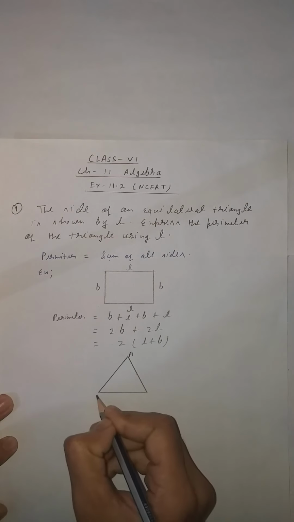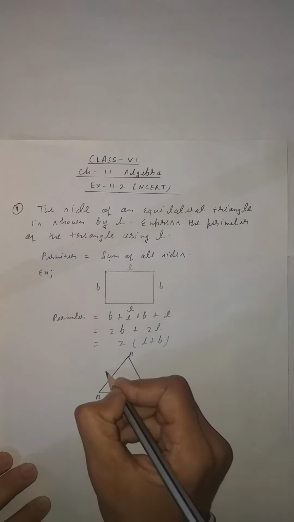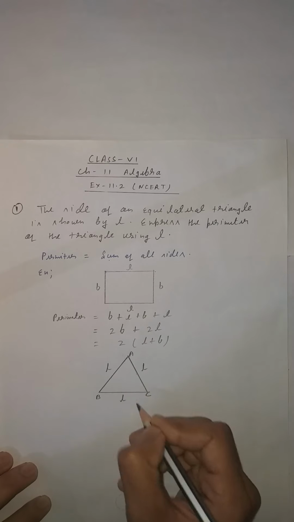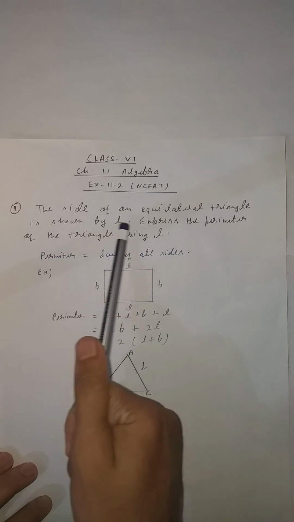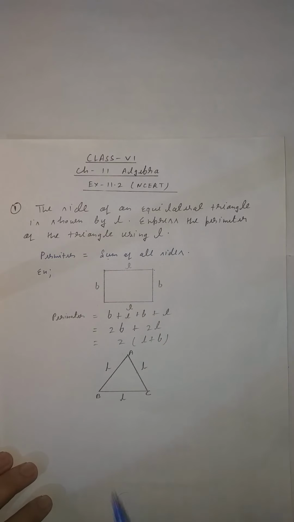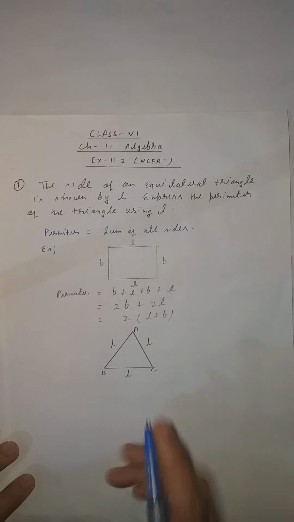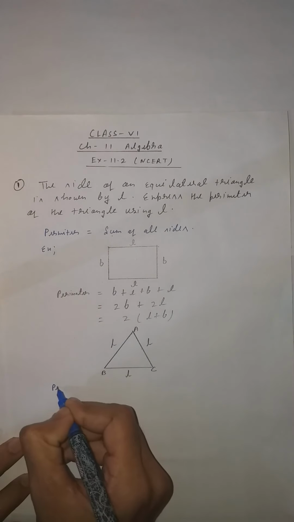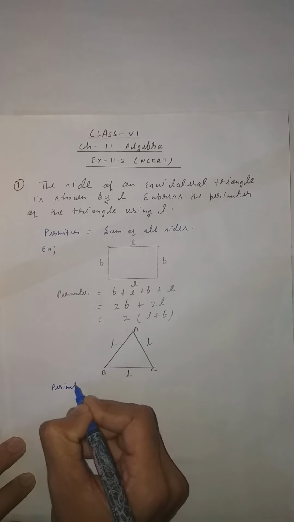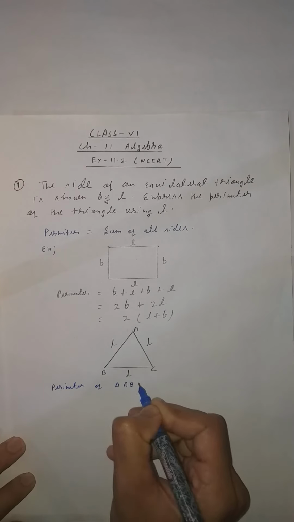Give names A, B, C. Clear, students? Now, what is given? Length L is given for all sides. The side of an equilateral triangle is shown by L. So now you have to find out the perimeter of triangle ABC.